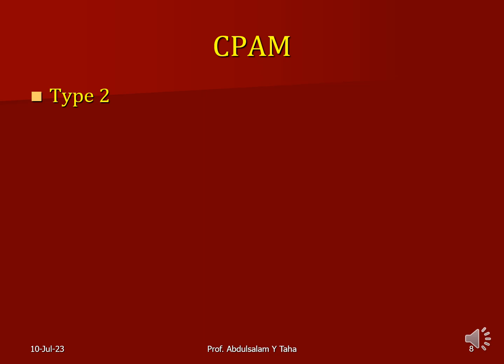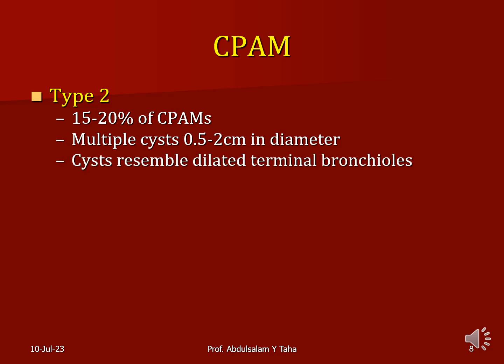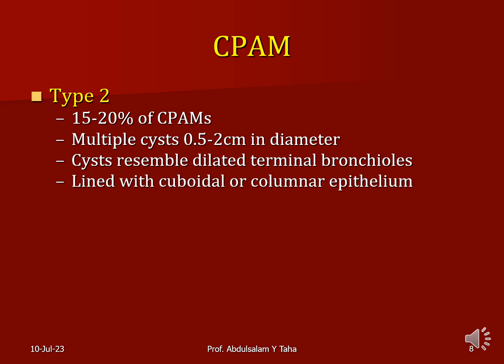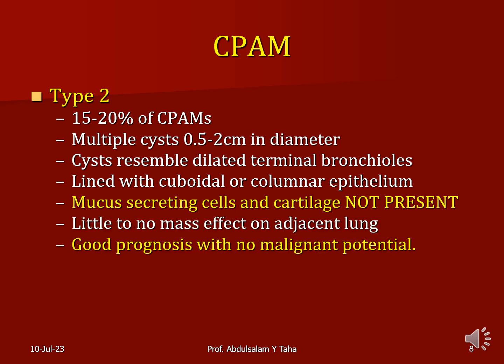Type 2 CPAM accounts for 15 to 20% of lesions and consists of multiple cysts whose size is about 0.5 to 2 centimeters in diameter. The cysts resemble dilated terminal bronchioles lined with cuboidal or columnar epithelium. Mucus secreting cells and cartilage are not present.